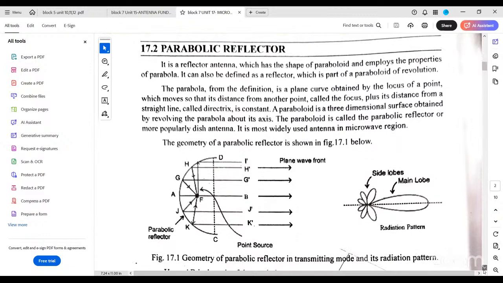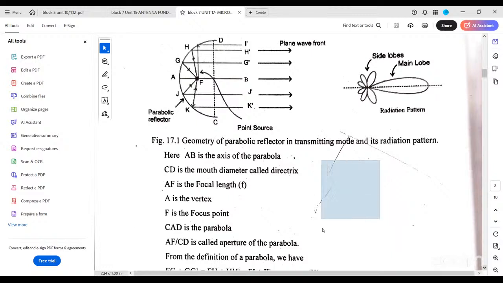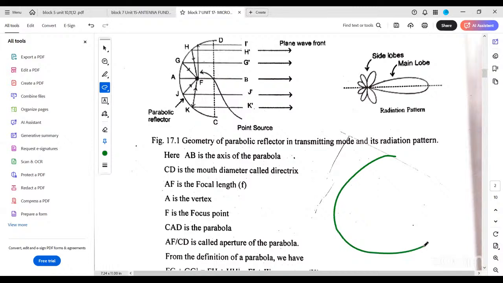We have a dish like the Airtel dish which we see on our houses, umbrella shaped. Here the center point is the focus point. The arrows are inside, reflecting like this, hitting and going outside.